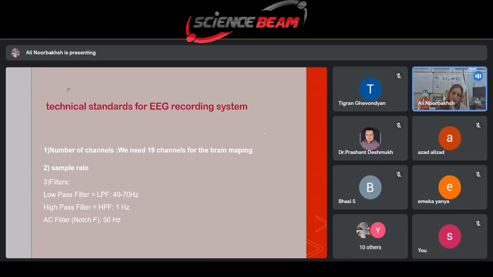In your PowerPoint, you have mentioned 1 hertz, whereas for low pass you have mentioned 40 to 70. That's why I asked. No, with a low pass filter, we can pass signals with a frequency lower than the selected cutoff frequency.